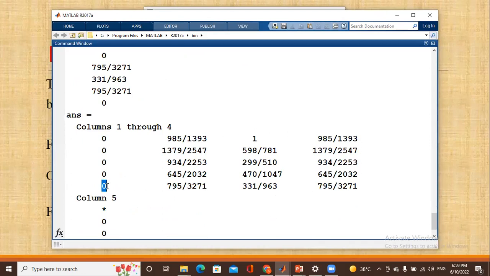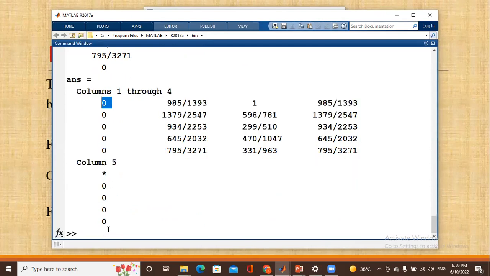Now this solution indicates that when t is equal to 0, x is equal to 0, the boundary condition is 0. This is also 0, this is also 0, this is also 0. And similarly on the right hand side, when x is equal to 1, all are 0.